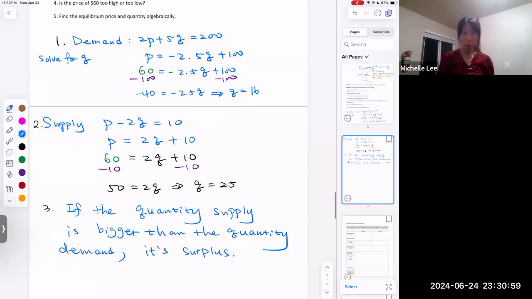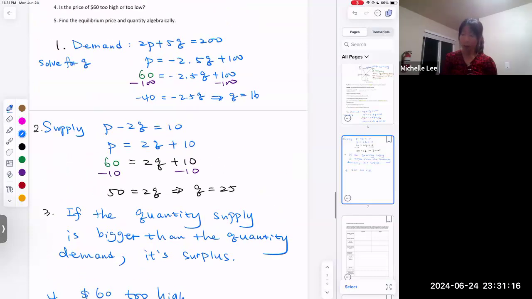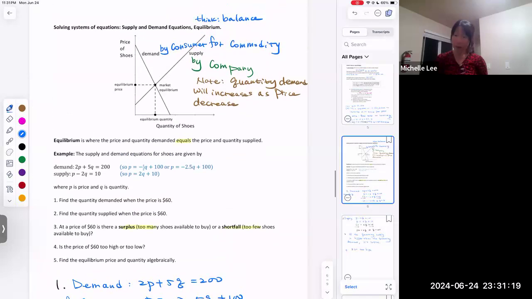All right. Number 4. So is the price of $60 too high or too low? I think too high, right? So $60 is too high because we had earlier, right?